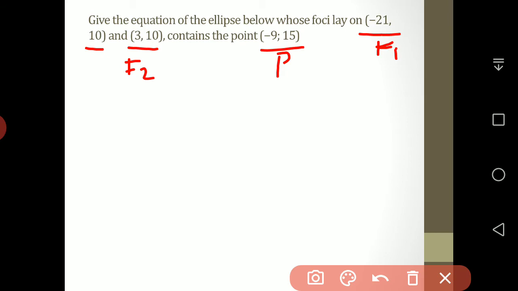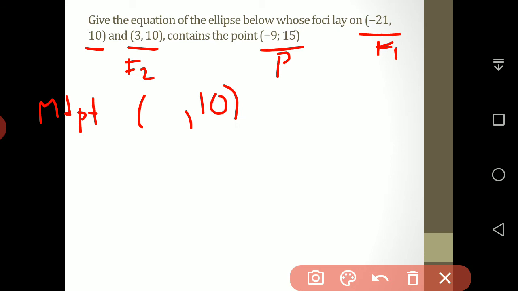The location of the center will be the midpoint of these 2 points, (-21, 10) and (3, 10). Since they lie horizontally alike, we know that their ordinate will just be the same.